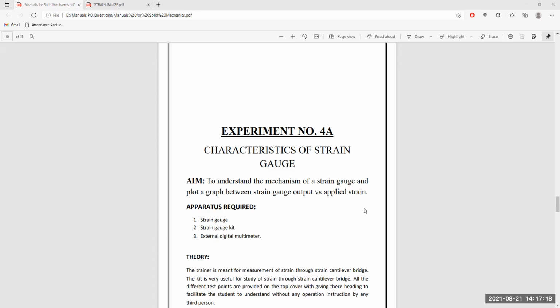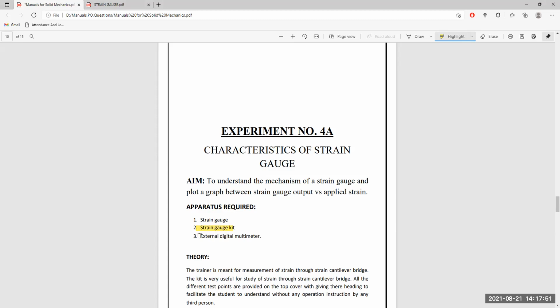Now, what we need here are different strain gauges, and another strain gauge kit, which is generally used to make the different electrical signals available to different points of the strain gauge itself, and thus convert the result to a definite strain in the form of a meter reading.